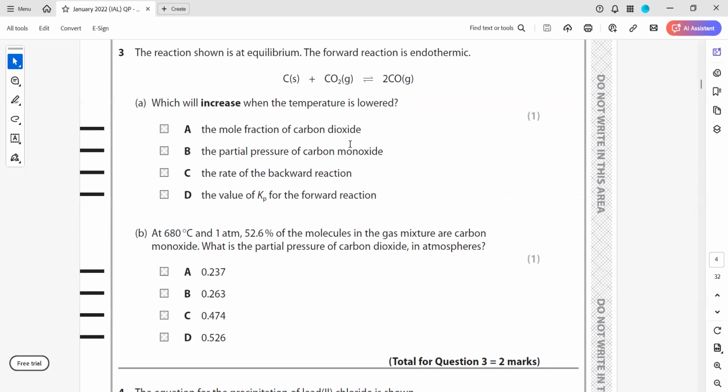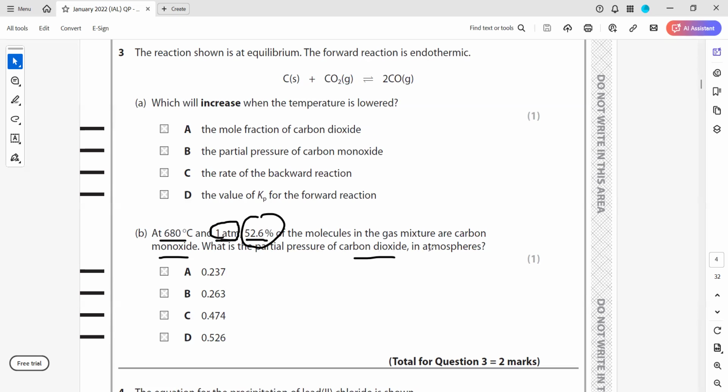Then at 680 degrees centigrade and 1 atm, 52.6% of the molecules in the gas mixture are carbon monoxide. What is the partial pressure of carbon dioxide? When we write the expression for Kp, 52.6% is the pressure due to carbon monoxide when the total pressure is 1 atm.